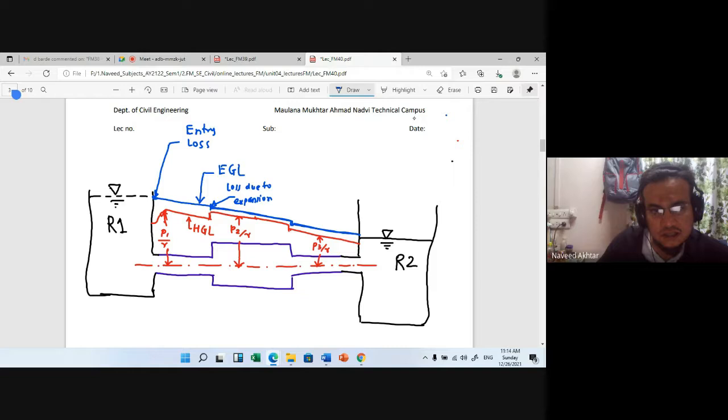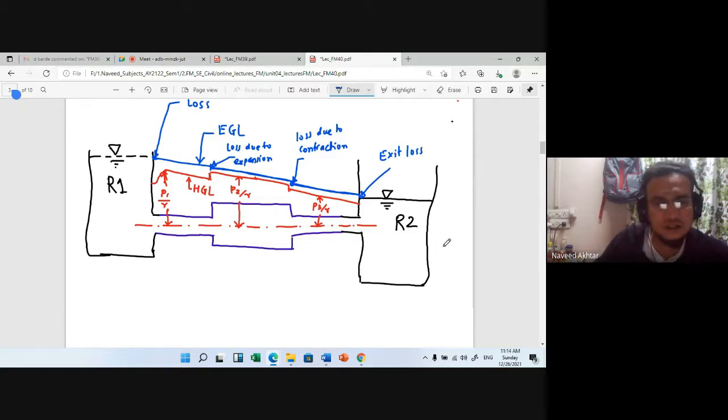Here again loss is there, and this is loss due to sudden contraction. And here is some loss, and this loss is called the exit loss. Okay, exit loss.